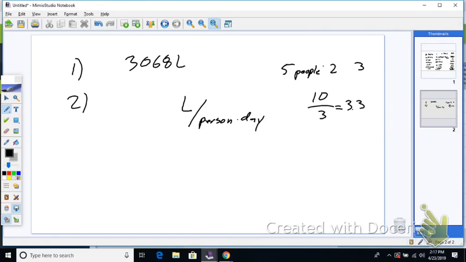So what goes down here would be the 368. Then down here I would have 2 people, and it was over 3 days, so basically I'm dividing my total by 6.